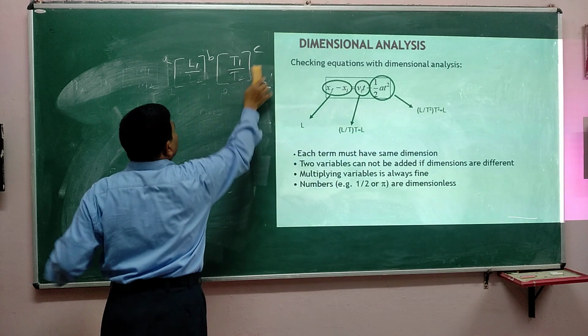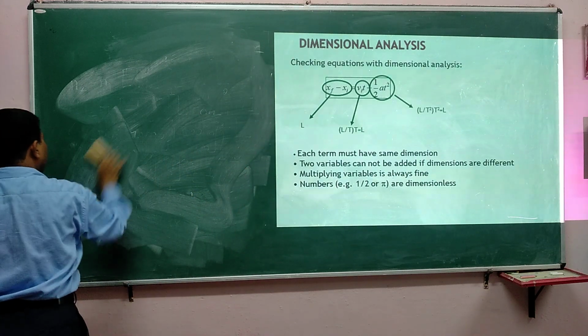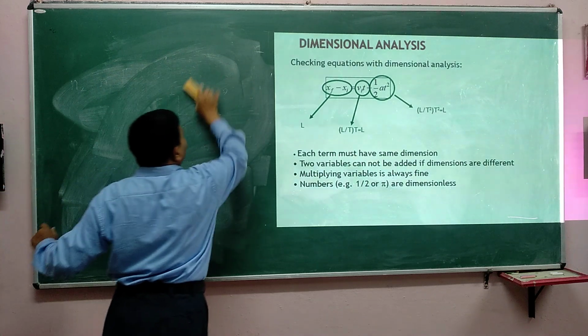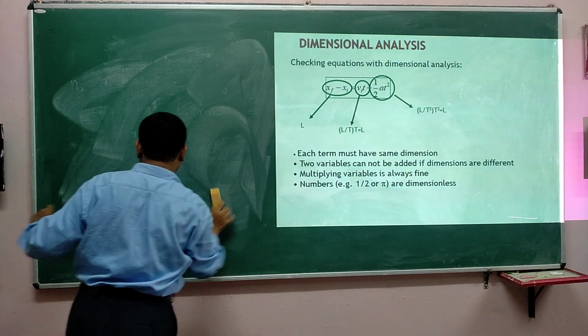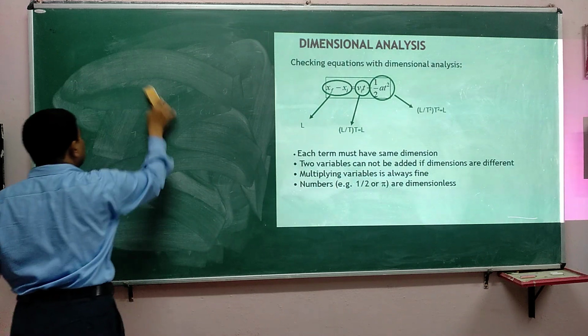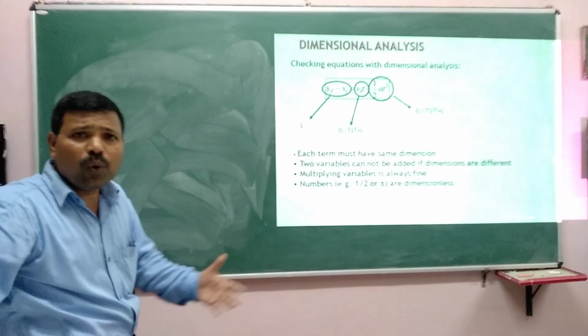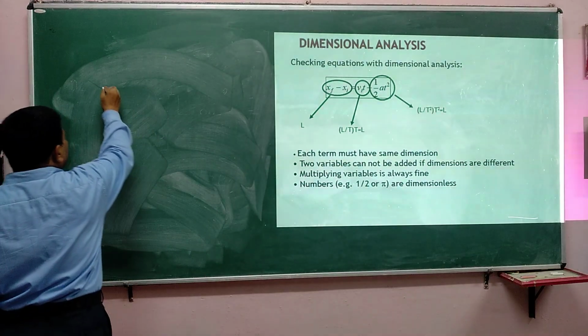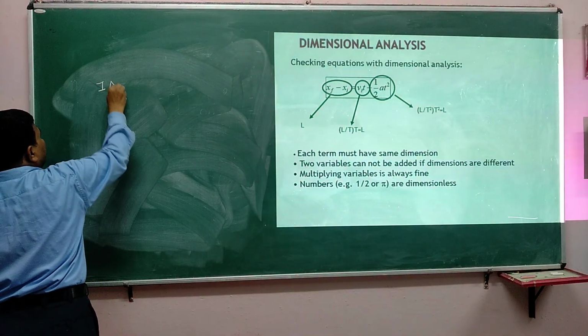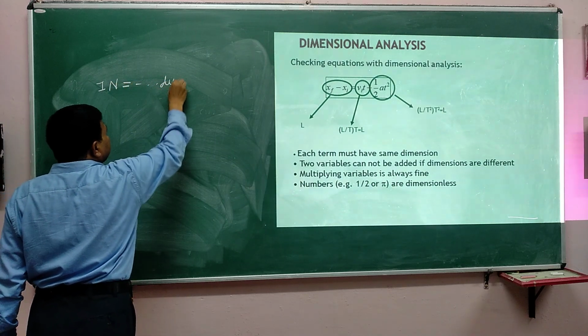Like this, you can convert 1 Newton is equal to how many dyne?